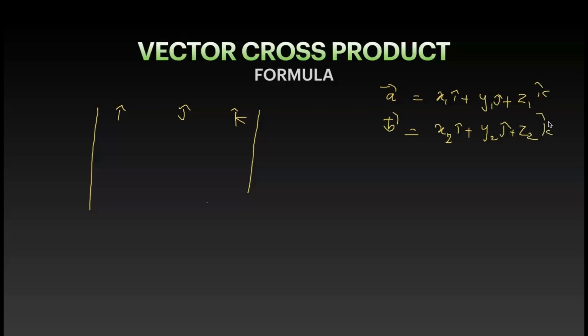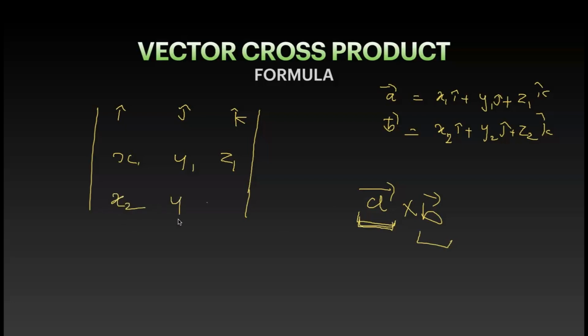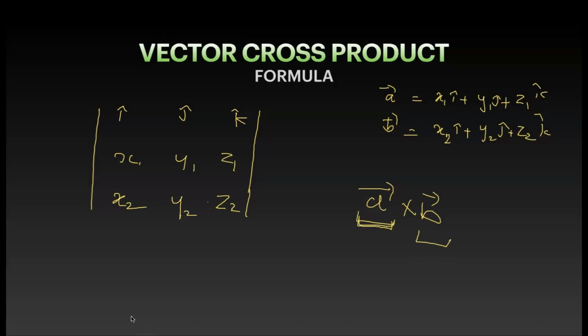You have to find the cross product of these two vectors. So write the coefficients of i cap, j cap and k cap of the A vector first, which are x1, y1, z1, since it is A cross B. Then write the B vector, which is x2, y2 and z2. Now evaluate the determinant, and you will get the answer of the cross product.